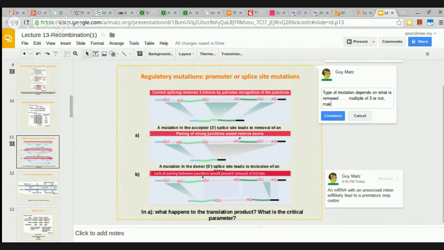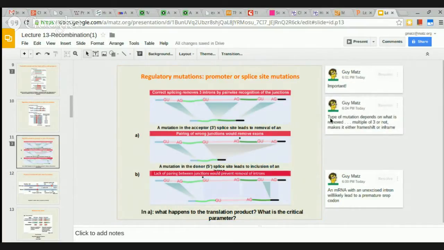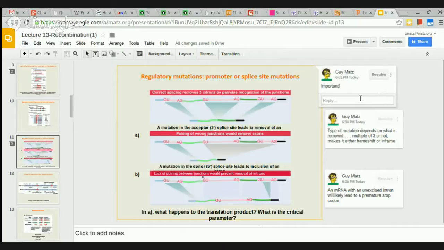Therefore, as the ribosome starts reading the black exon that's been fused, it's going to encounter a frame shift, and then it's the same story. We're going to have aberrant amino acids added, and then a quick stop codon to finish that translation. Is that clear? So the important parameter here is the number of nucleotides of the exon that's spliced out, and whether it's a multiple of 3 or not.